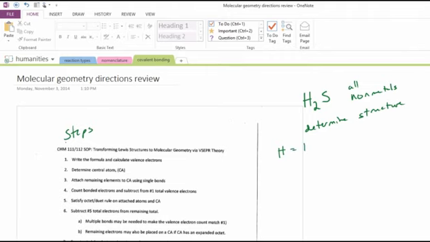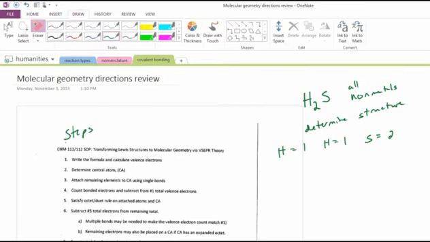Hydrogen brings 1 valence electron. We've got another hydrogen. It brings 1 valence electron. Sulfur brings not 2. Sulfur brings 8 valence electrons. No, that's not right either. Okay, let's try this again.